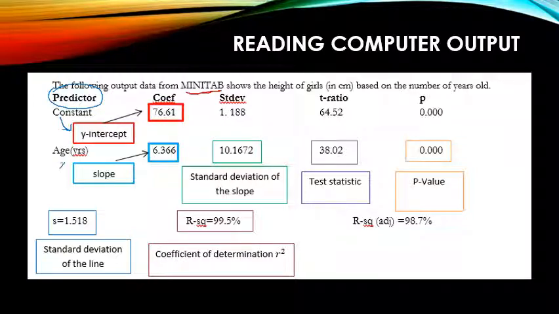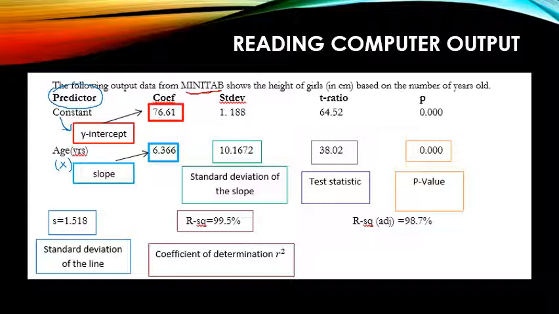This is actually your x, and they put it in context of the problem. It said it shows the height of girls based on the number of years old. So this is your slope, which means the slope in the problem is 6.366.